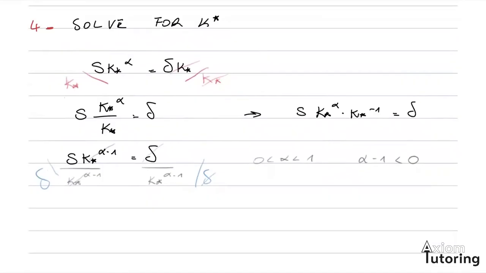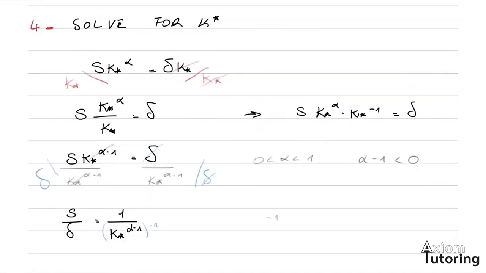So what do we have? On the left-hand side, we have s over delta. And on the right-hand side, we have, actually let's do one extra step, 1 over K star to the power of alpha -1. Again, to bring it to the top, we can basically elevate it to the power of -1.